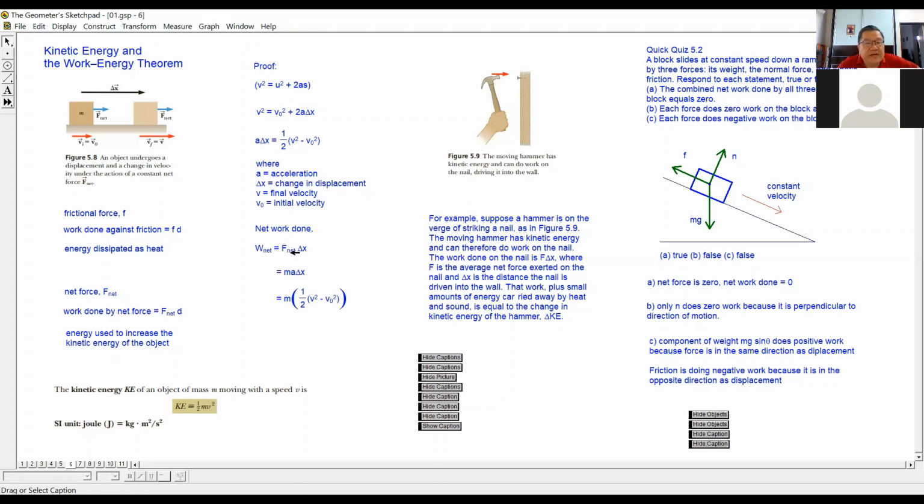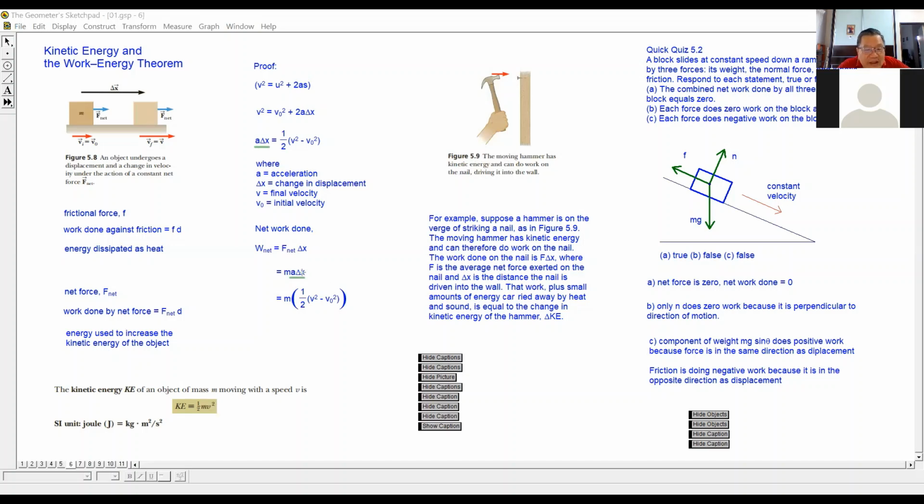Net force, according to Newton's second law of motion, is mass times acceleration, ma. It sounds familiar. Can you see that the ma here is then multiplied with the distance moved? If you pair the a with the delta x, it's the same as the a delta x here. So they are the same thing.